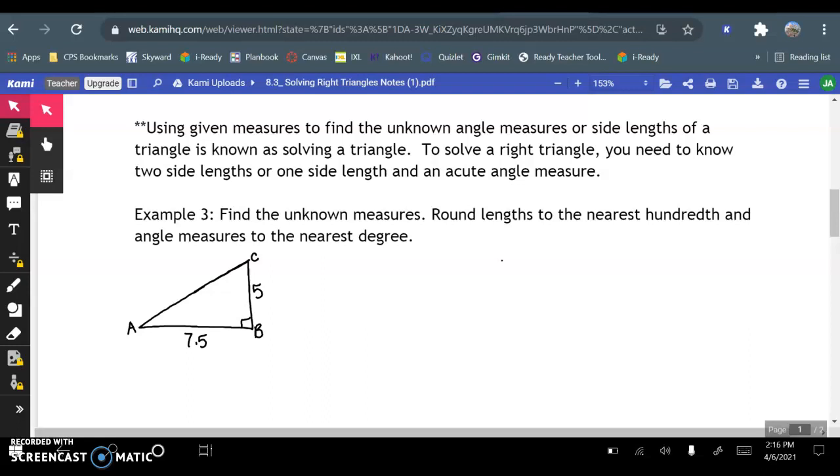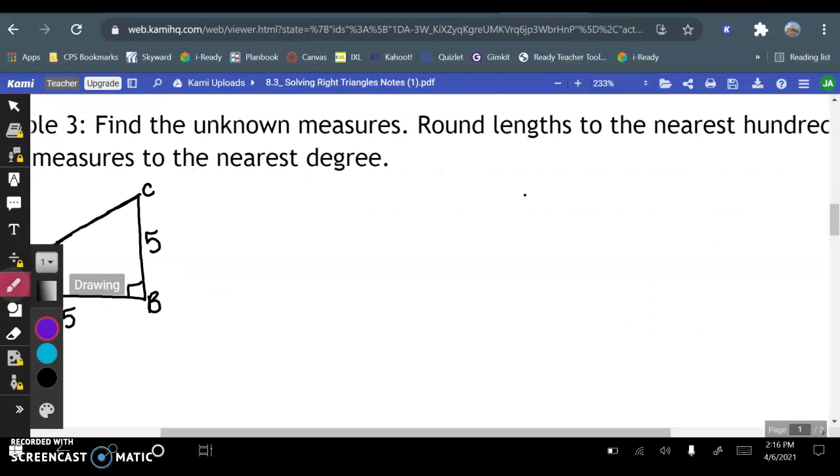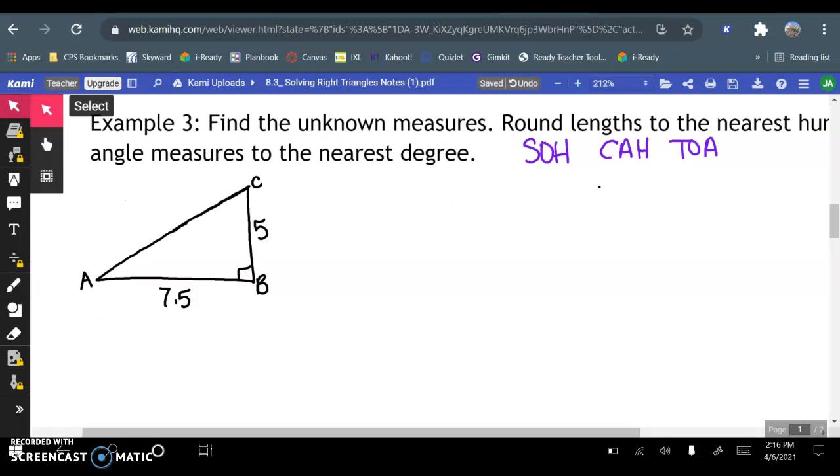The first thing I am going to do is write SOHCAHTOA down. Then we can use that because we know two side lengths, so we can figure out some angle measures using this information.